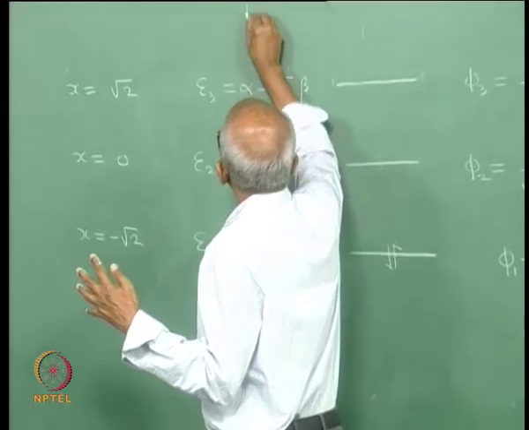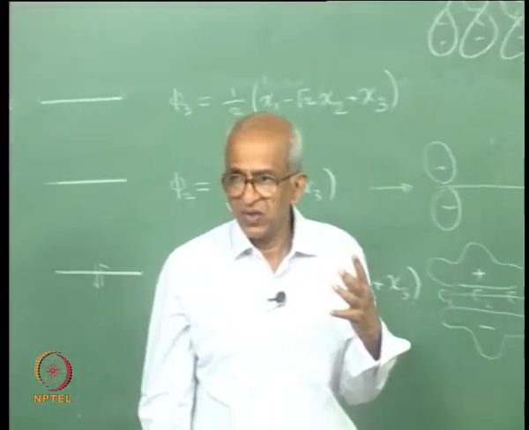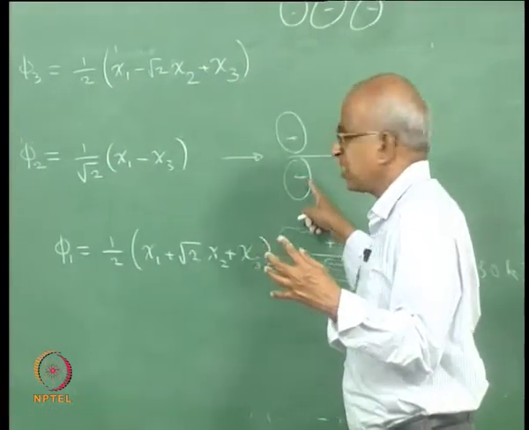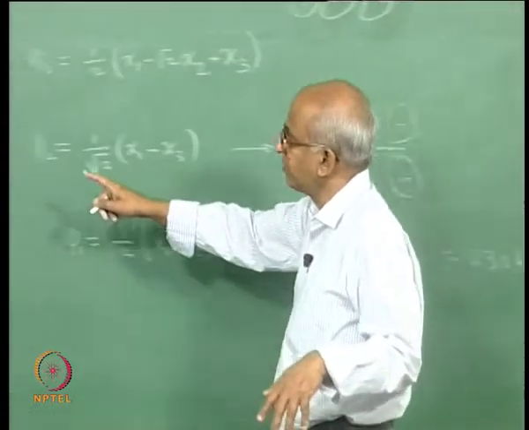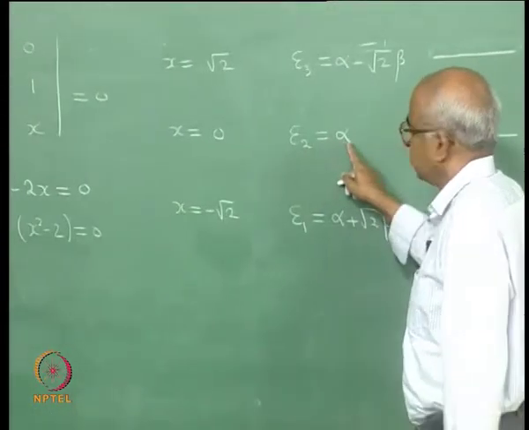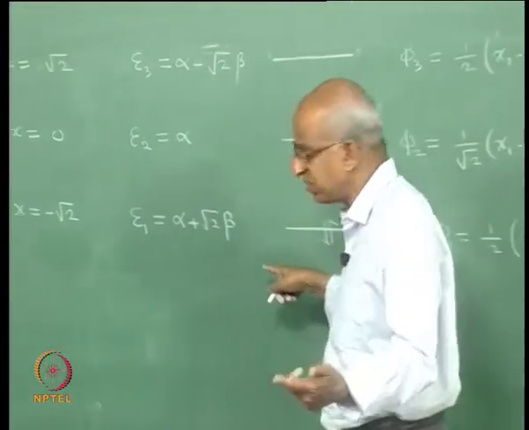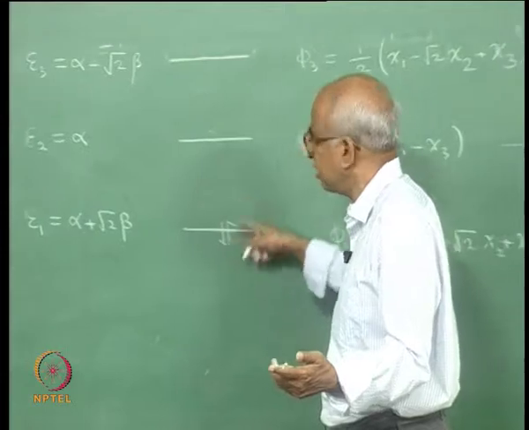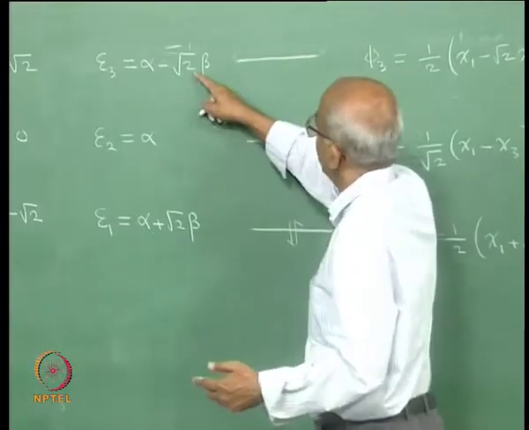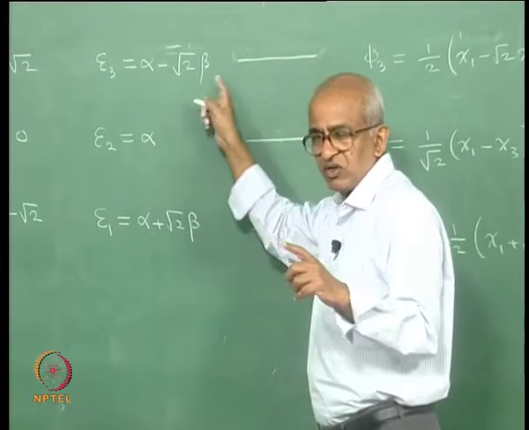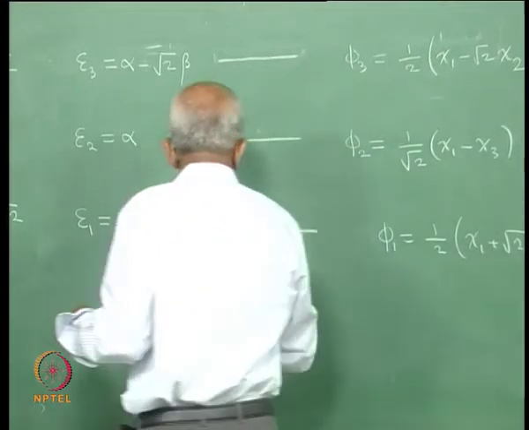Remember, alpha was our H11, for example, that is just the energy of an atomic orbital. Right, so here there is no interaction essentially between these two lobes, and therefore the energy is unaffected. The energy is just equal to alpha. While here, of course, there are interactions, there are attractive or stabilizing interactions, and that is why the orbital has a low energy. Now, if you look at this orbital, you will conclude that this is not a stabilizing orbital. In fact, this is a bonding MO.